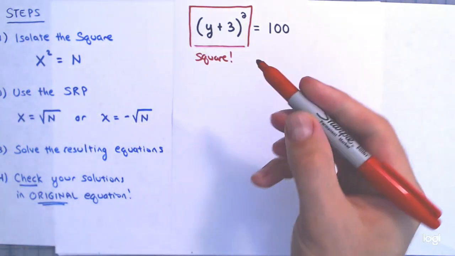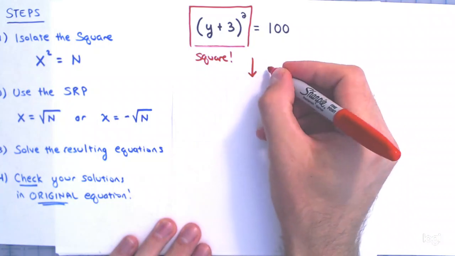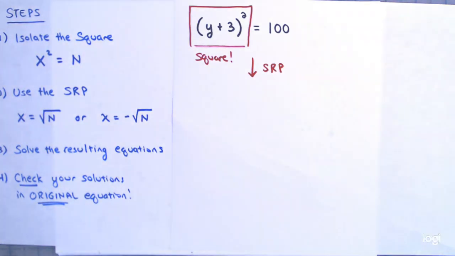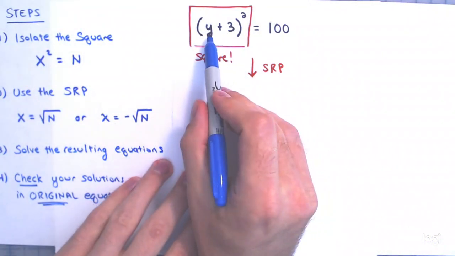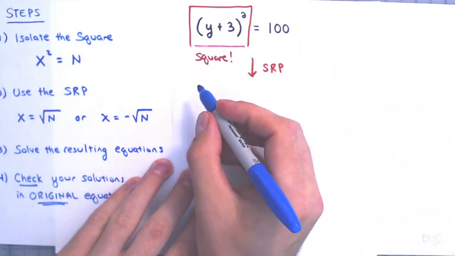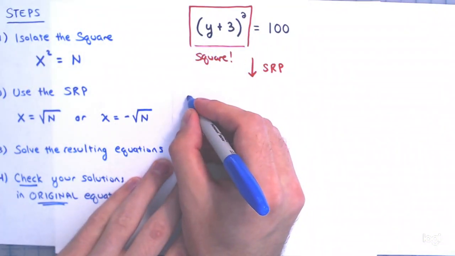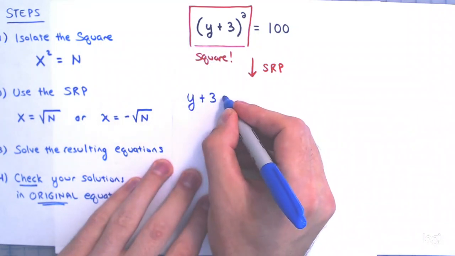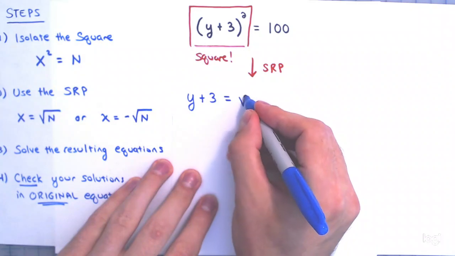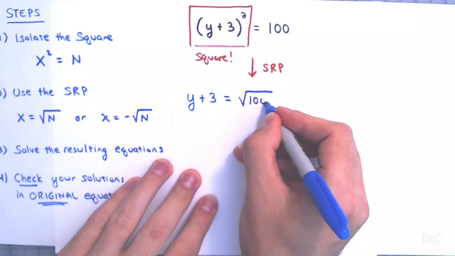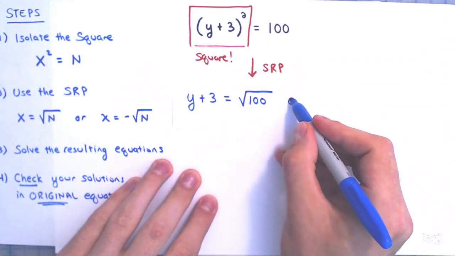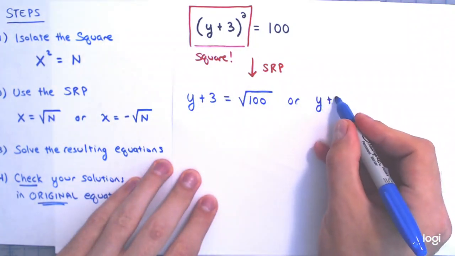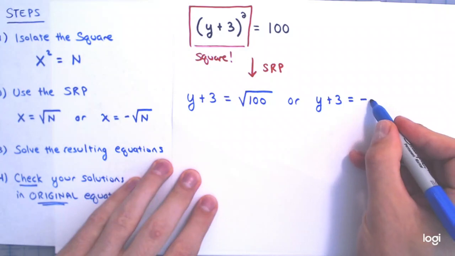So now that I've isolated the square, we can use our square root property. By the square root property, this will be a true statement when the base, not just one letter, but when this y plus 3 is equal to the positive square root of 100, or when the y plus 3 is equal to negative square root of 100.